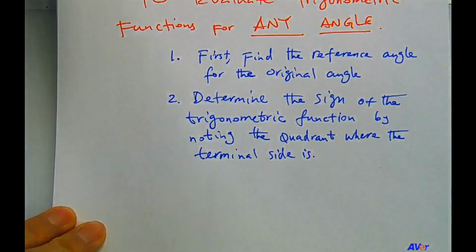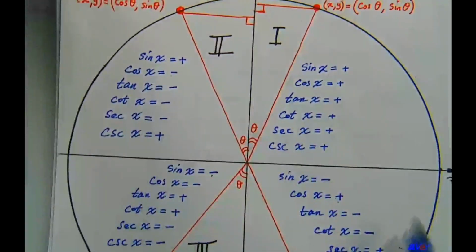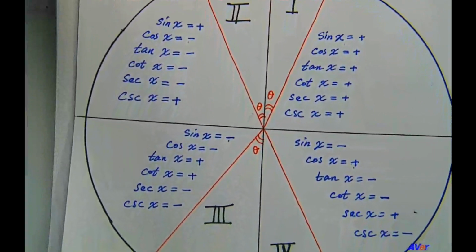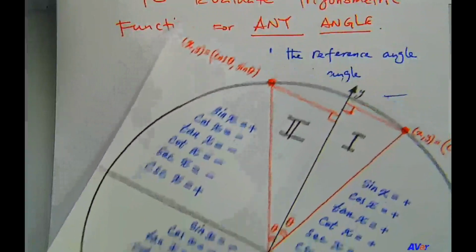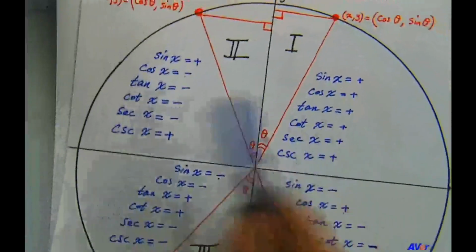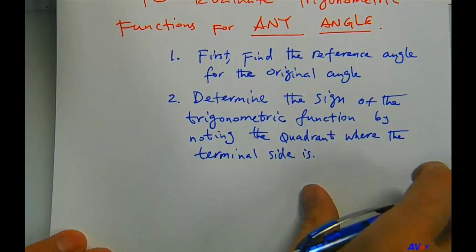That means where in this circle, which quadrant is the terminal side. Okay? So we find the reference angle, and then we note where the terminal side is in these quadrants. Okay, so let's do some examples.